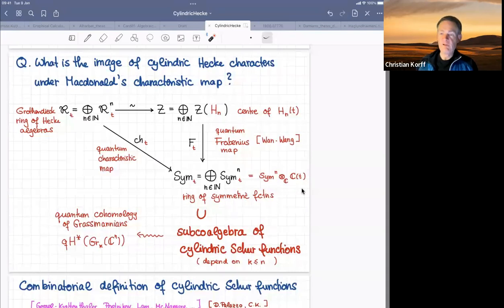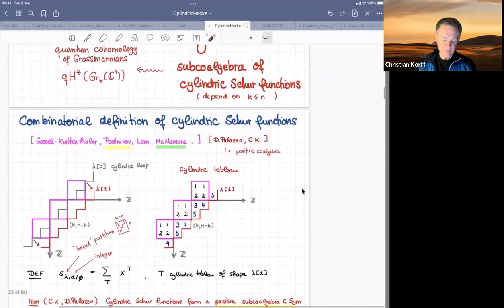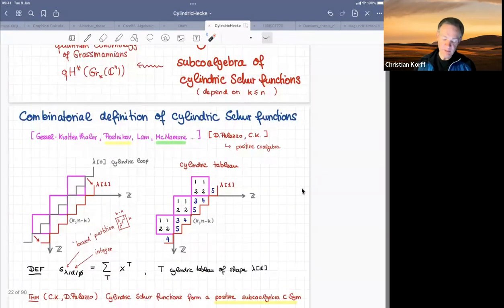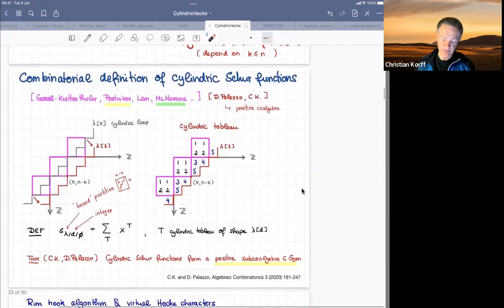I was basically unsatisfied with the combinatorial description of this coalgebra, and I wanted to find a nice integrable lattice model description of them, and this was only possible by going back to the Grothendieck ring of the Hecke algebra. So that's the motivation. Let me, in the remaining minutes, say a little bit about cylindric Schur functions.